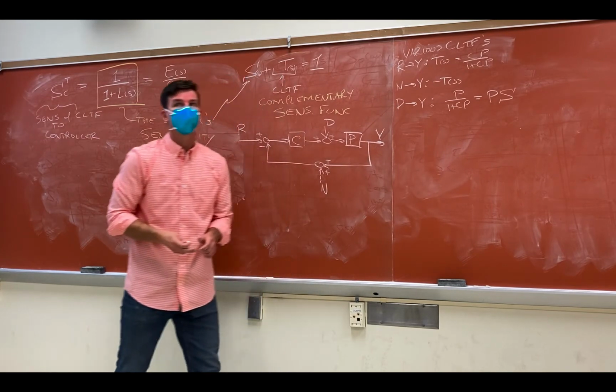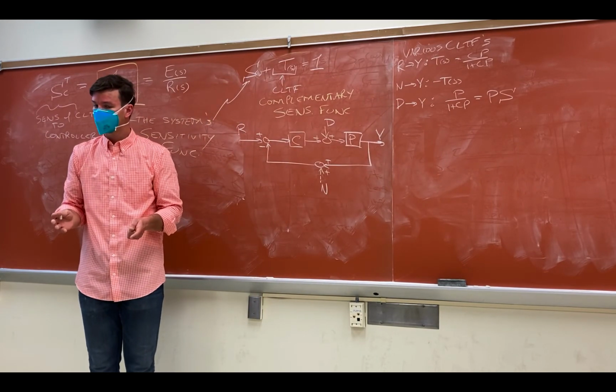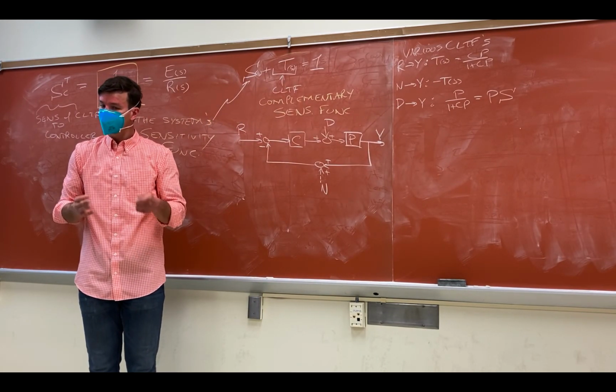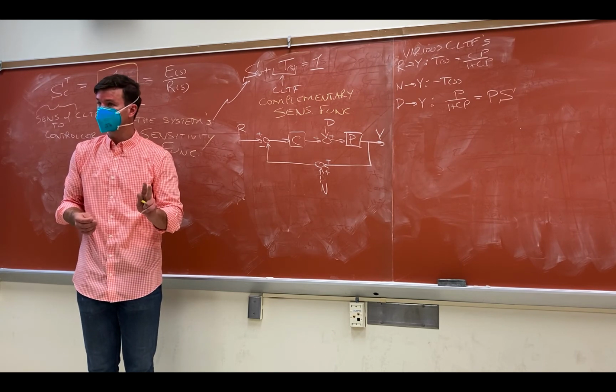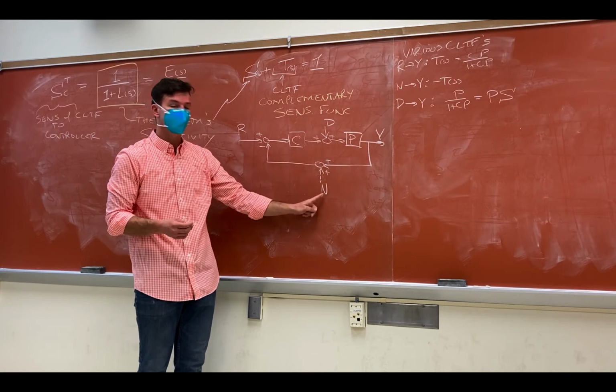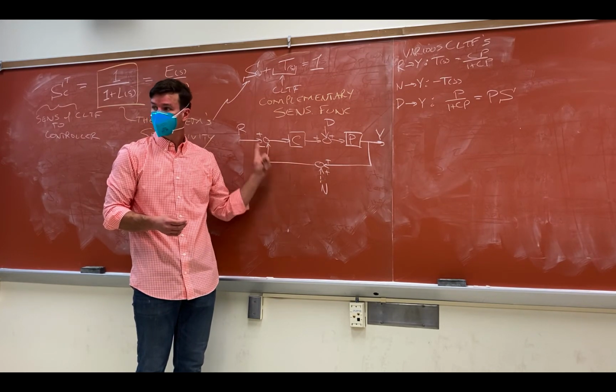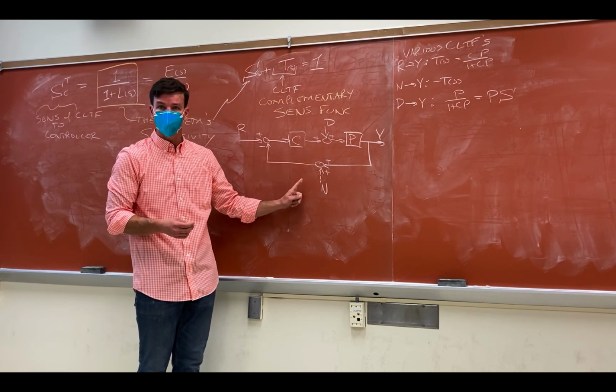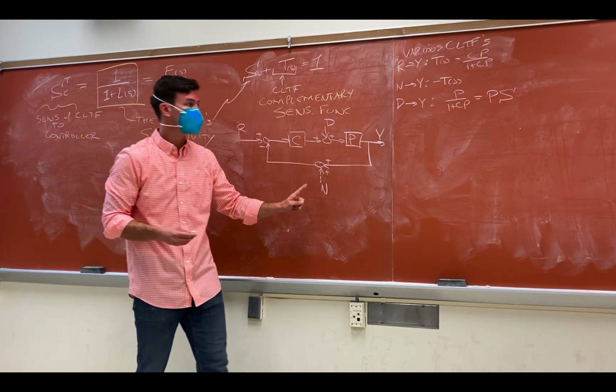So if I want to talk about the output, what I'm really talking about is, according to superposition, the output due to R plus the output due to D plus the output due to N. In general, all 3 of these might be active at any given time, so I have to account for all of them.